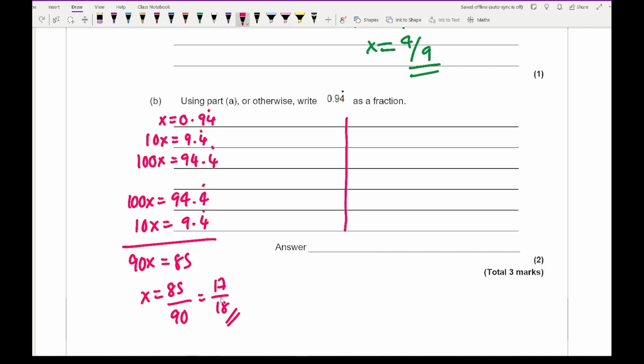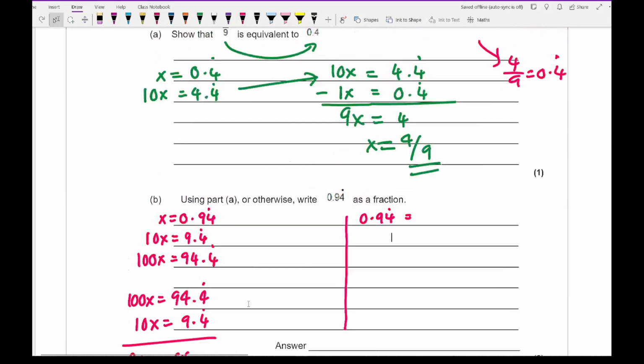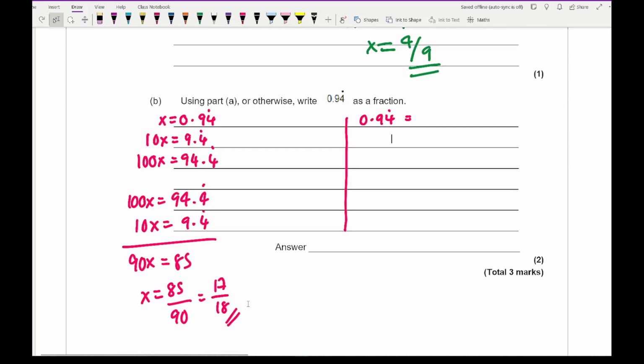Then if we were using the answer from part A, then what we've got is 0.94 recurring equals, and if I just remind myself what the original number was, 0.4 recurring. So here, this is going to be 0.9 plus 0.04 recurring. This is going to be 4 over 90 because we want that extra 0, and this is going to be 9 over 10.